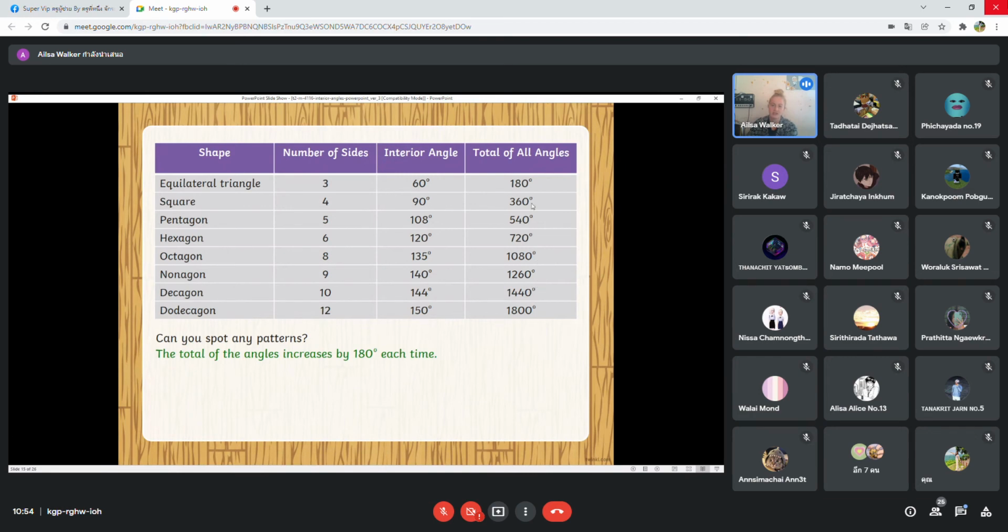Okay, have a look here at the totals. Do you notice that each time the sides go up by 1, the total of all the angles goes up by how many degrees? Yes, 180. Okay, so each time we add 180 to the total of all the angles.